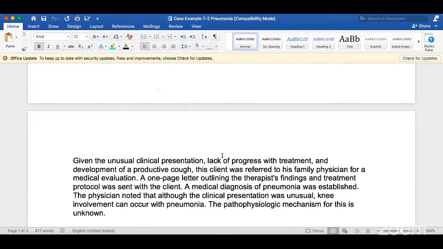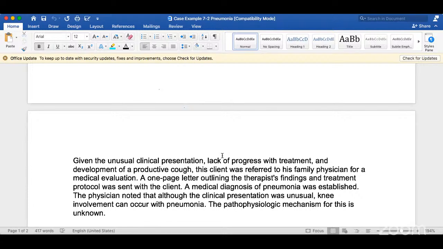Given the unusual clinical presentation, lack of progress with treatment, and development of a productive cough, this client was referred to his family physicians for a medical evaluation. A one-page letter outlining the therapy's findings and treatment protocols was sent with the client.